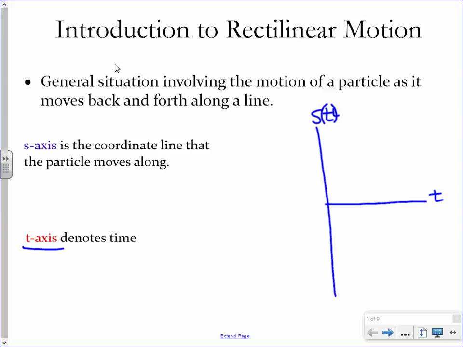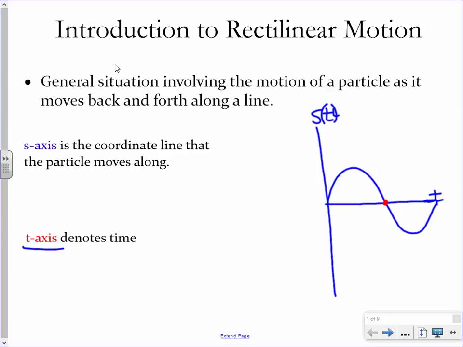And some of this is on your buff sheet from yesterday. If we are reading a position time graph, remember we talked about if our position is 0, we're at the origin. So here, when our position is 0, we are at the origin. Now, origin refers to maybe the center of the room.